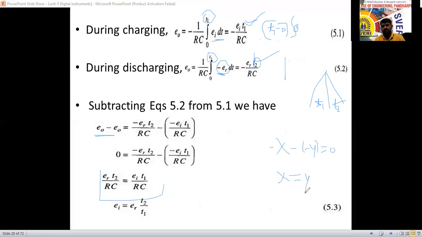You only tell. Yes. Here this minus into minus X I will write as it is. This minus into minus will become plus Y. So this minus X I will send to the LHS side, and it will become plus here. So this one is X equal to Y. A similar method we have written here: ER T2 by RC.